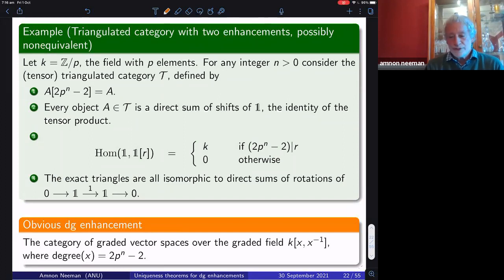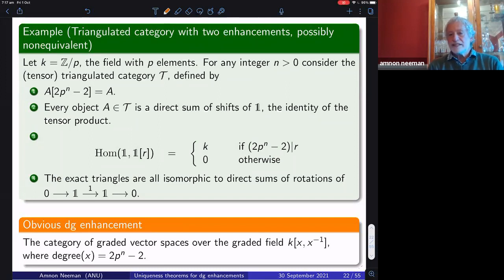So you can look at the following really dumb category. You take K to be Z mod P, and you declare that the shift functor iterated 2 times P to the N minus 2 times is the identity. And this is going to be a triangulated category with a tensor product.